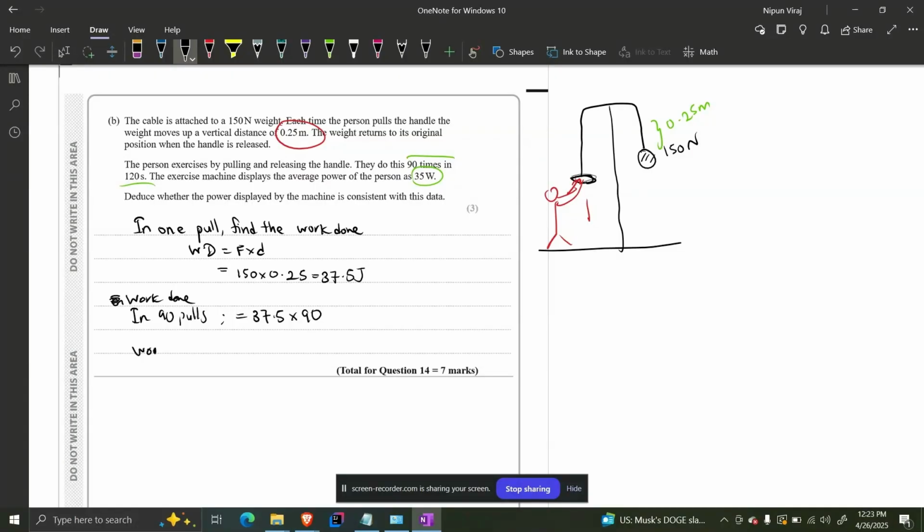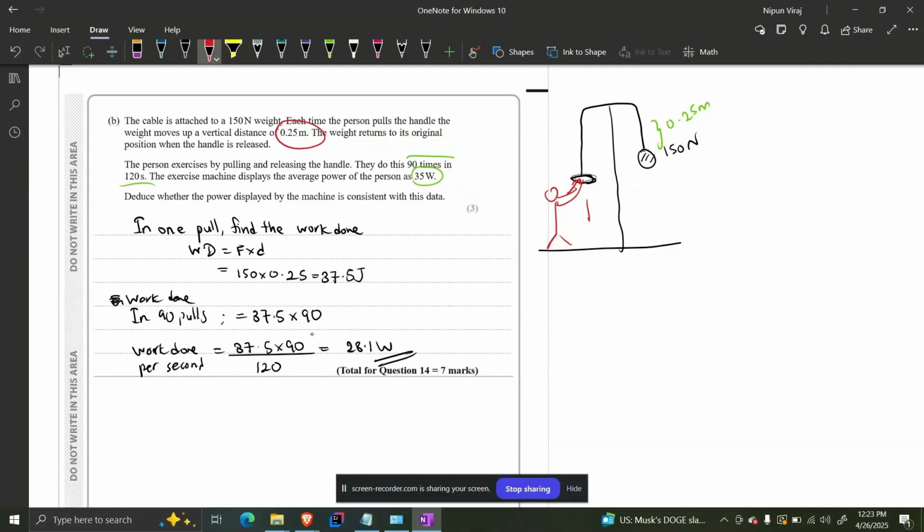Then work done per second, because 90 pulls means 120 seconds. So what will be the answer? It will be 28.1.